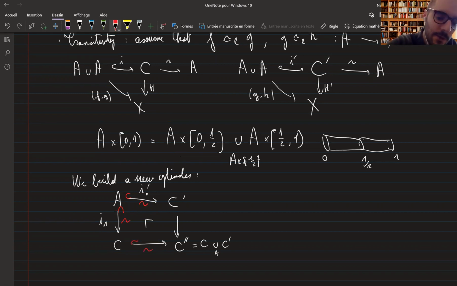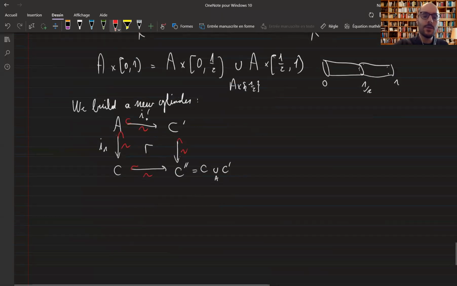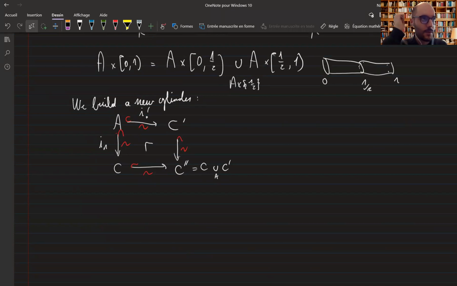So therefore, this is a weak equivalence, this is a weak equivalence. All right, you use the lemma that was here, and you use the fact that acyclic cofibrations are closed under pushouts. So this is an acyclic cofibration, and this is an acyclic cofibration. All right.